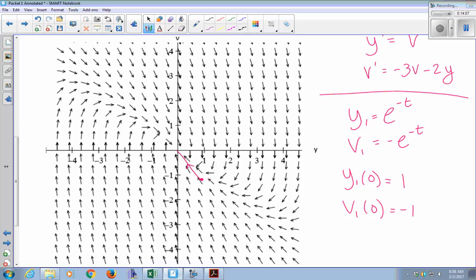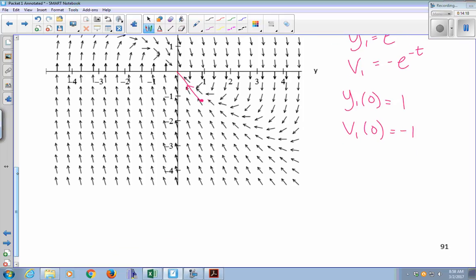And then I'm going to also do this for the other particular solution we found, y2, which was e to the negative 2t. So y2 is e to the negative 2t, which means that v2 is negative 2 e to the negative 2t. Plug 0 into each of those.